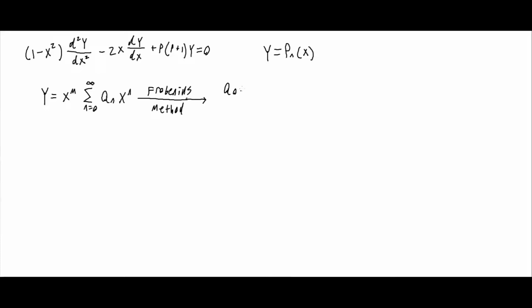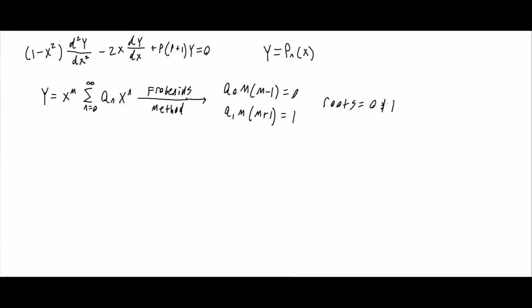So a_0 times m times (m minus 1) equals 0, and a_1 times (m plus 1) m equals 0. So we have roots equal to 0 and 1.